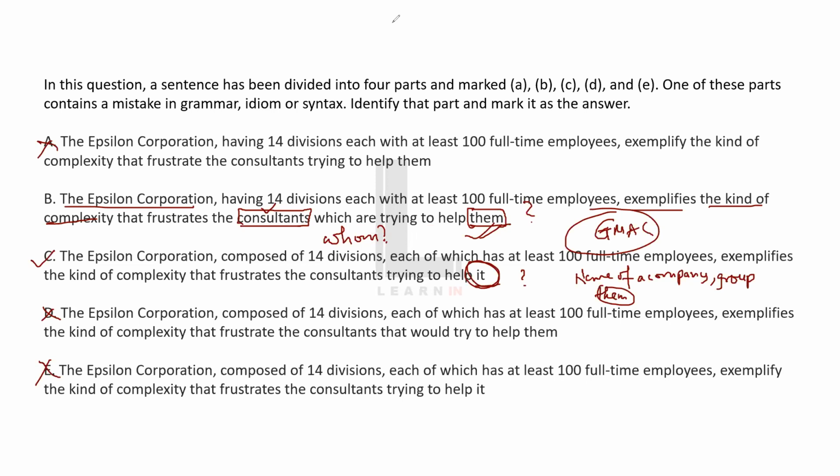Now, how many points have we utilized from our list to do this question? Consultant which, where is consultant? Yeah, which, that is correct, right? Which would always talk about this. Okay, I hope this is clear, Shakshi.